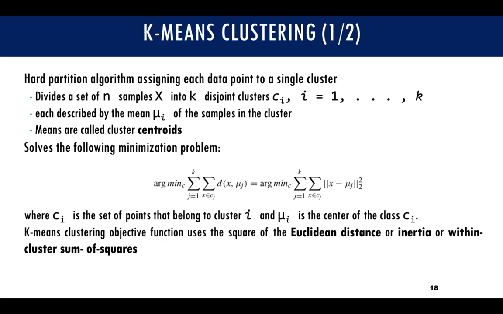And once I have my classes, I can determine the quality of my classes. So I can say how close the vectors within a class are with respect to the centroid. If they are very close and very compact, this is a good quality of class. Then I can compute how far the classes are from each other, and if they are far enough, I will consider that this is a good classification.